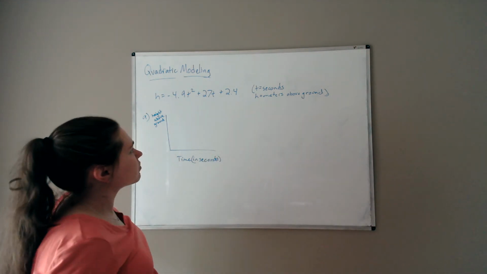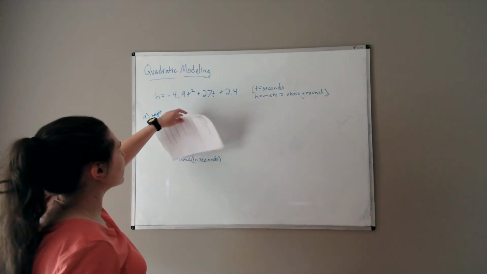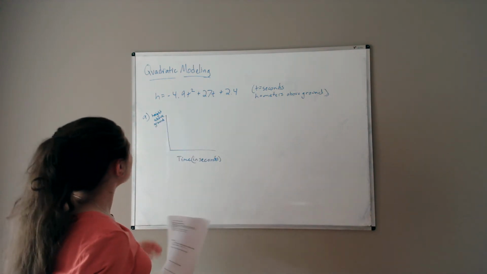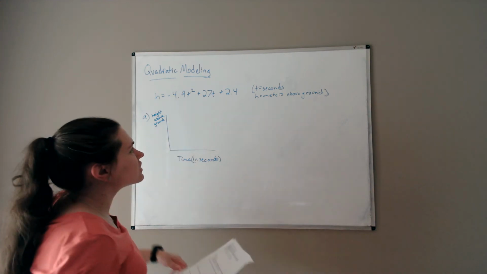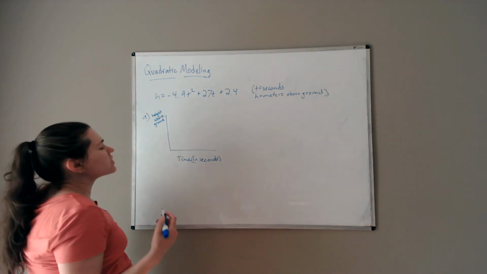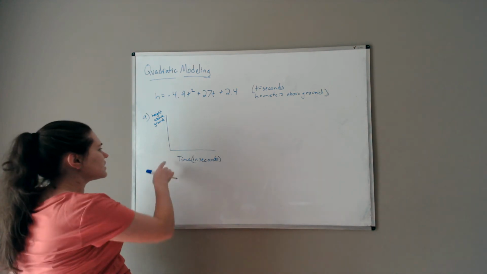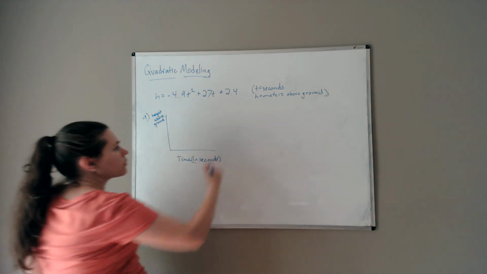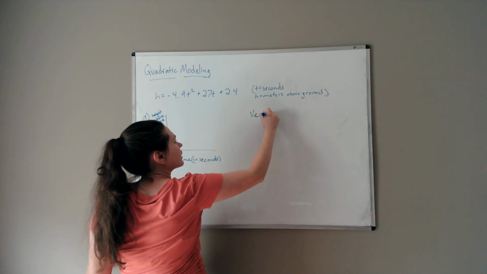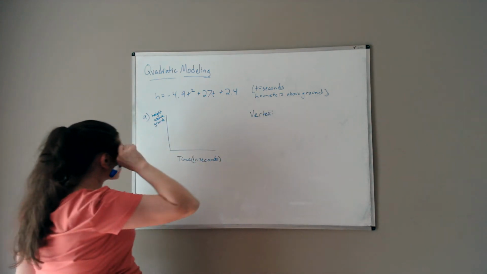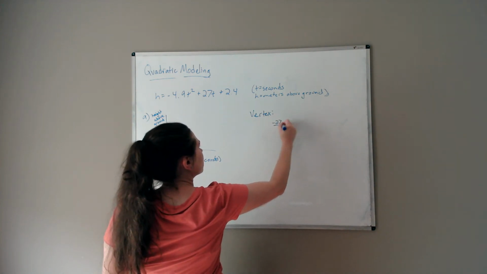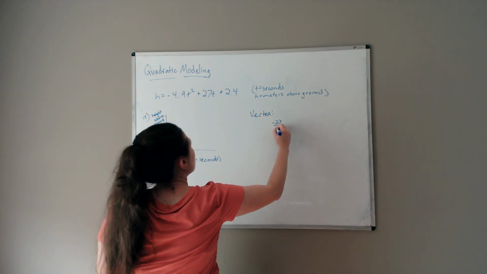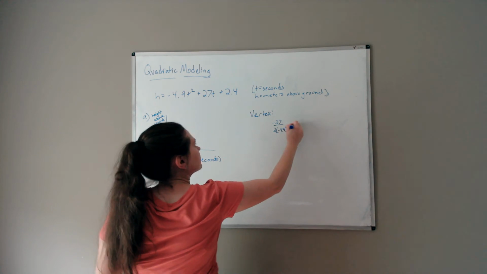So let's think about points that are probably important about this. I would say the initial time: when time is 0, what is the water balloon's height above the ground? Another important point is obviously the vertex. So why don't we start by getting the vertex. That's going to be negative 27 over 2 times negative 4.9.